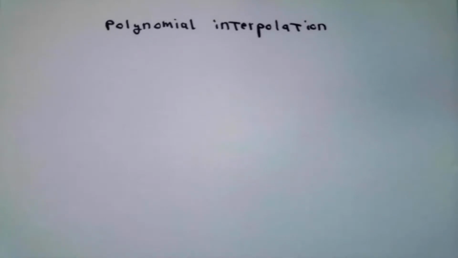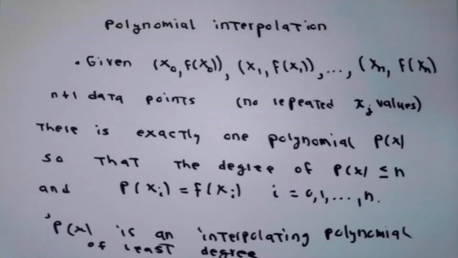In this video, I want to review everything that we know about the polynomial interpolation problem so far. The premise is that we're given a data set of n plus 1 data points on the graph of a function f, all distinct x values.